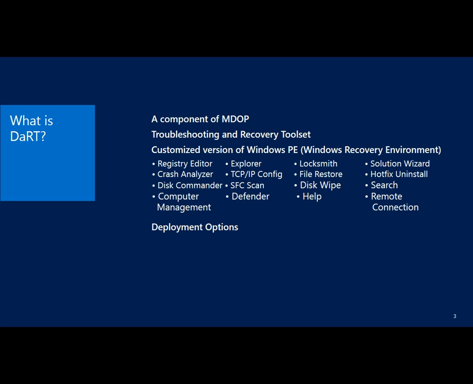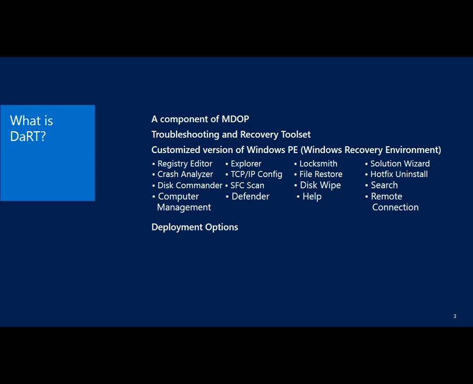It's just PE with a few tools and some customizations added. It's very possible to create a customized version of this and deploy it yourself. So if you want to offer the recovery environment option, but there are certain things about it you want to make sure exist that are not part of the default, it's very possible, right? It's just a matter of customizing your own version and deploying it. And I'll show you how to do that.